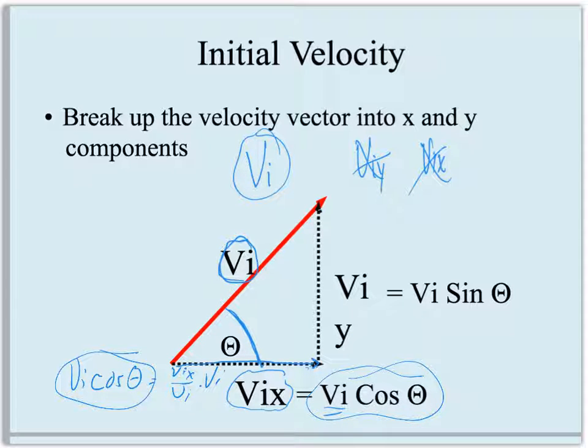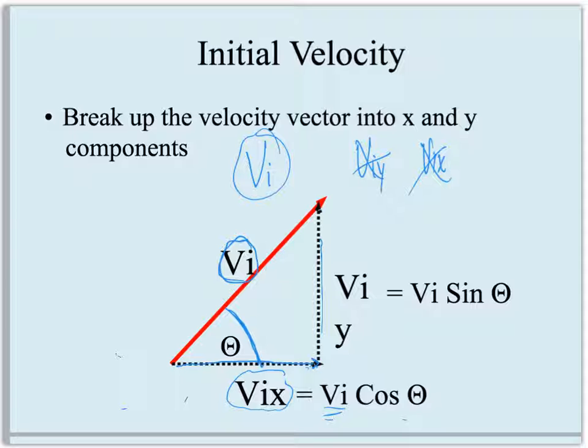And how about the Viy? What about this right here? Well, that is the initial velocity along the y direction. So if we're going to talk about the y, we would call it Viy. So this y should be right there. Viy equals Vi sine of theta.